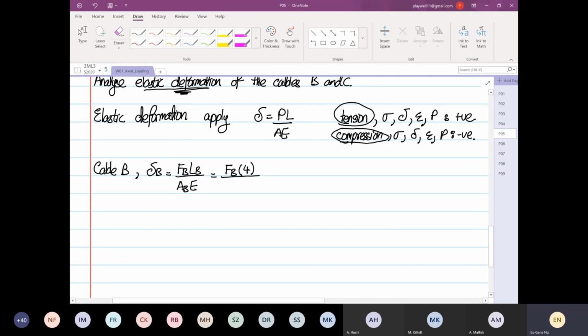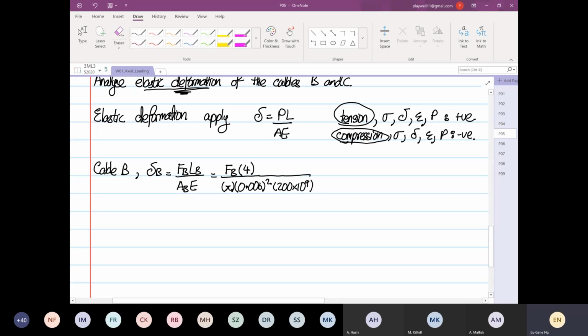So the cross-sectional area, the cables are pi r squared. The radius is 0.006, not 0.6, 0.006, squared. Then divide by the Young's modulus, 200 times 10 to the power 9.